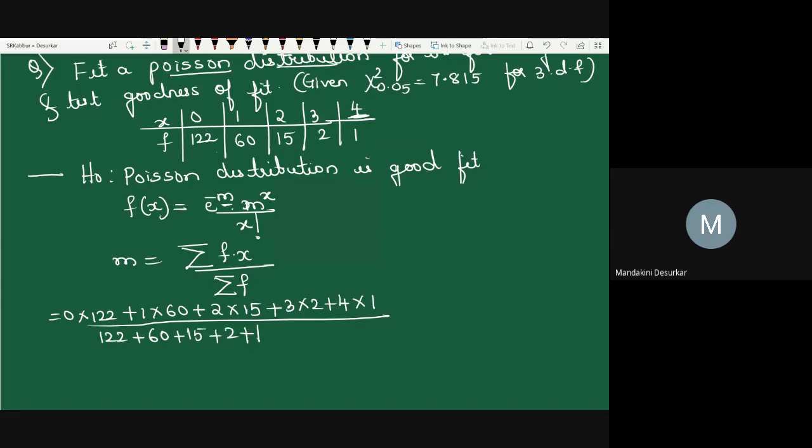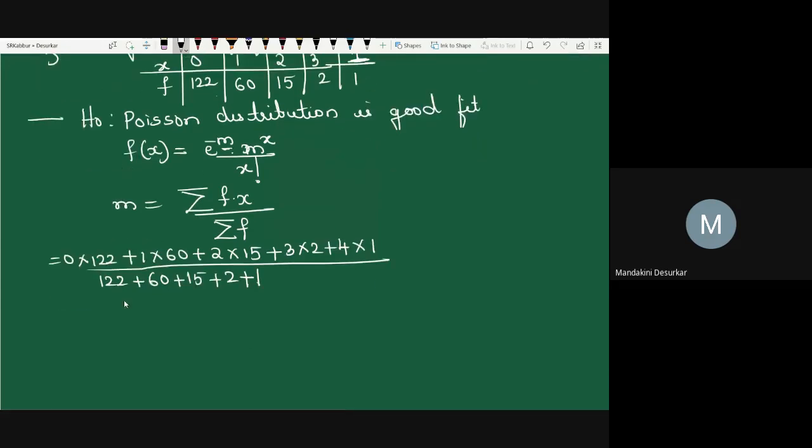So what is summation of f now? This is 200. The numerator is 0, 60, 30, 6, 4, which is 100, divided by 200. It is 1 by 2, which means 0.5. M value is 0.5.